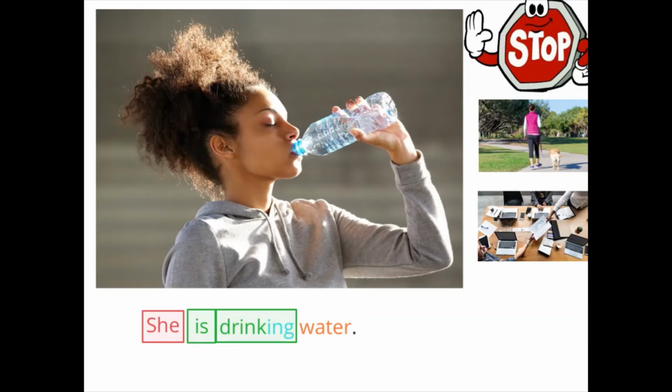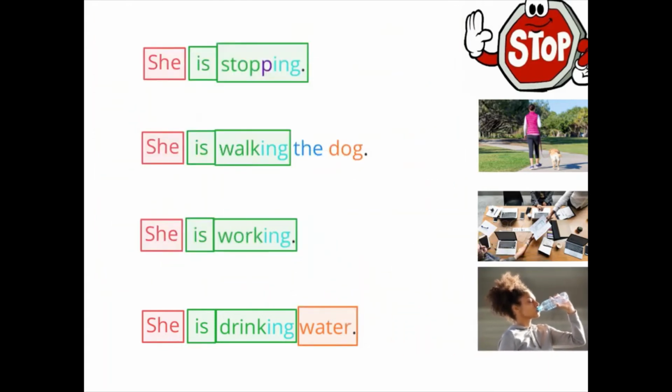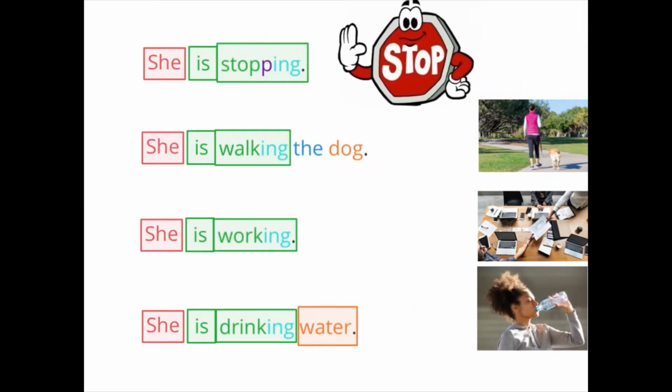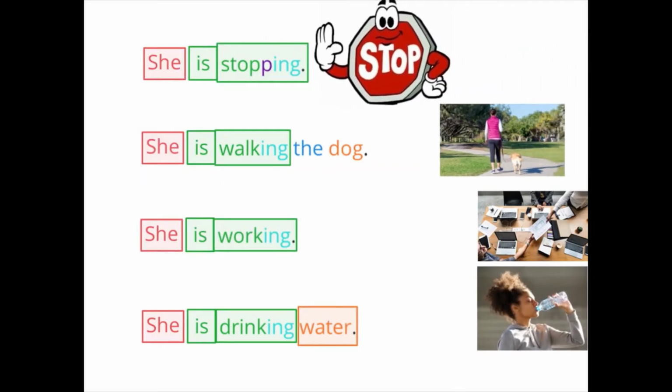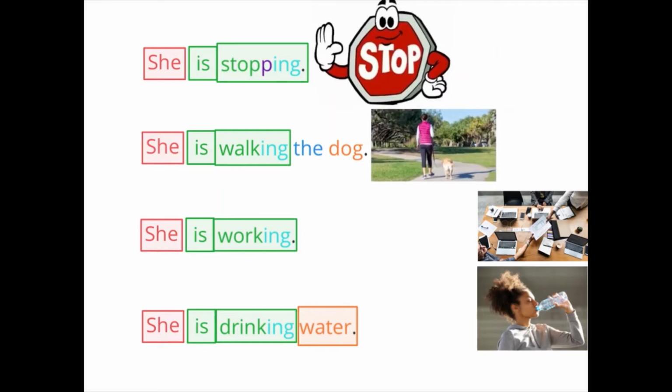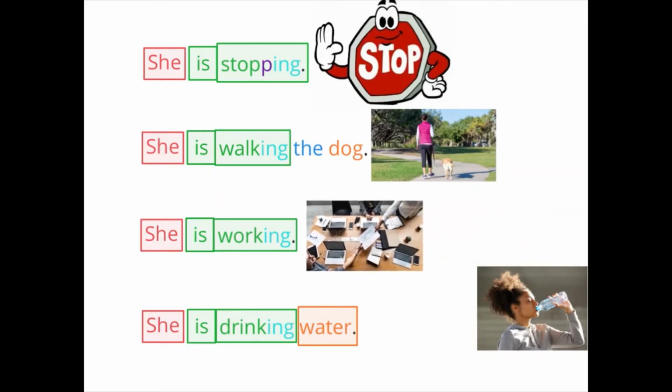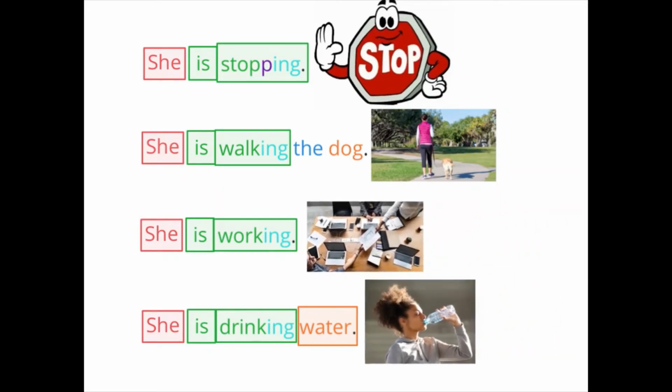We could just say she is drinking, period. We can also say what is she drinking, and she is drinking water. So water would be the object in that sentence. So our verbs are stop, she is stopping, walk, she is walking, work, she is working, and drink, she is drinking.